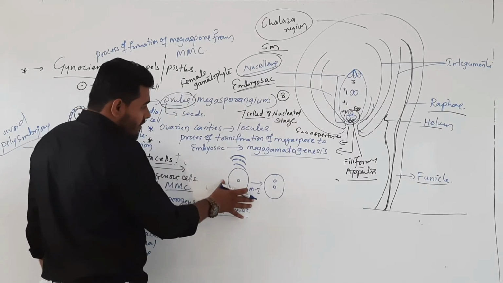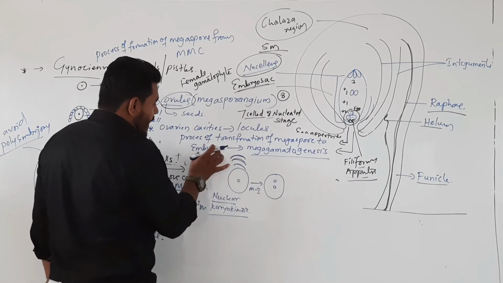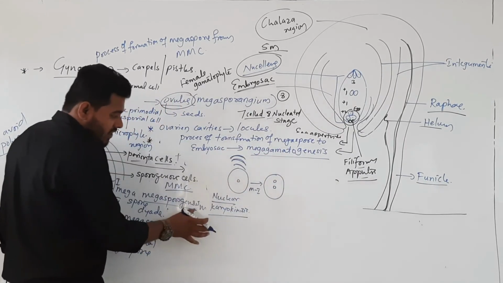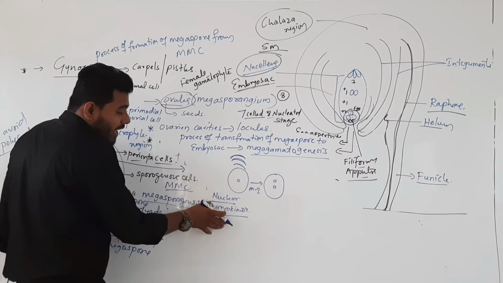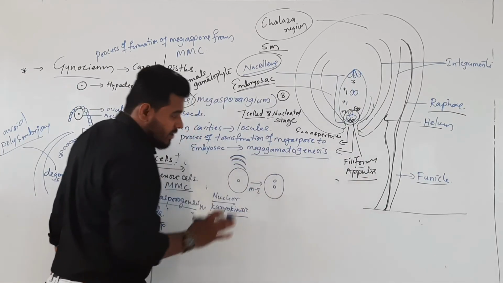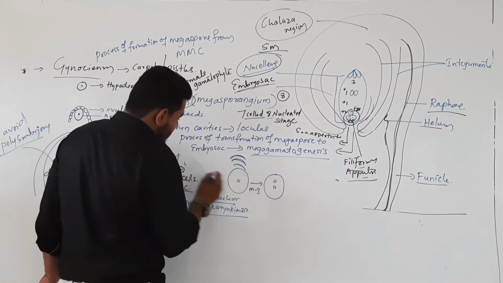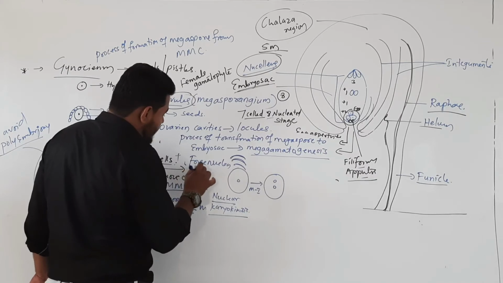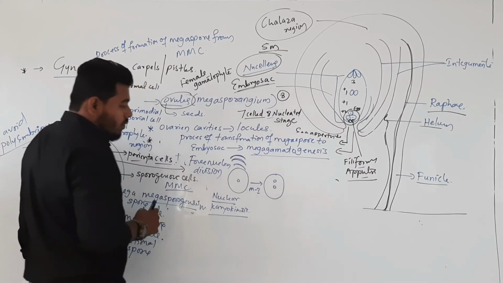So in this formation of embryo sac or megagametogenesis, the karyokinesis is not followed by cytokinesis immediately. So it's just a free nuclear division.